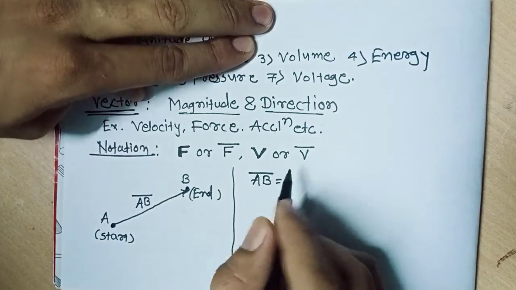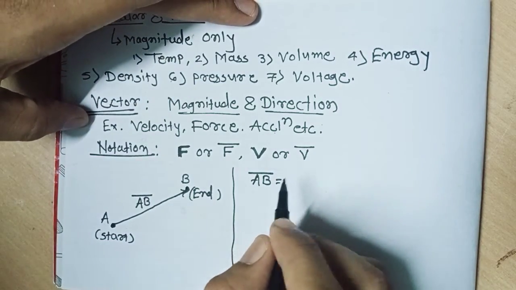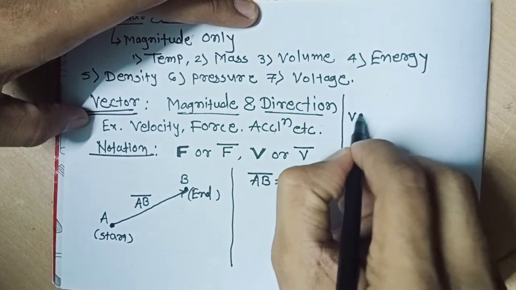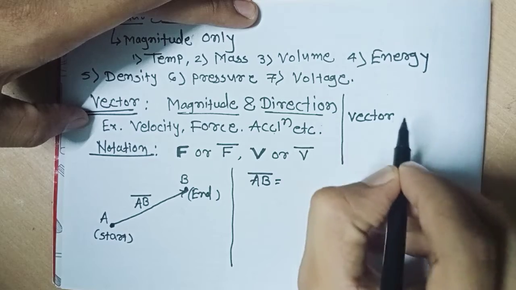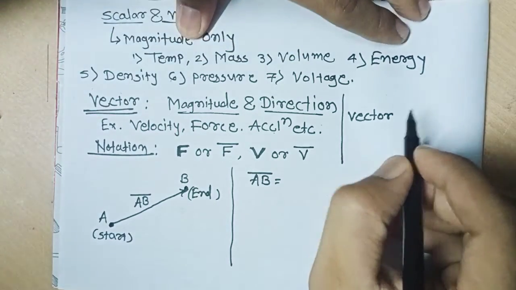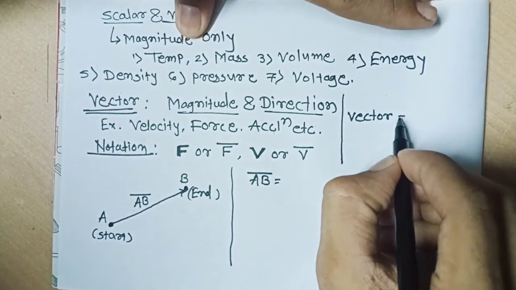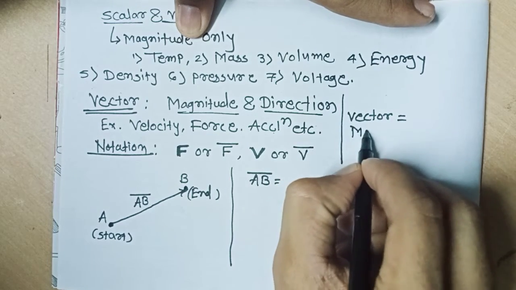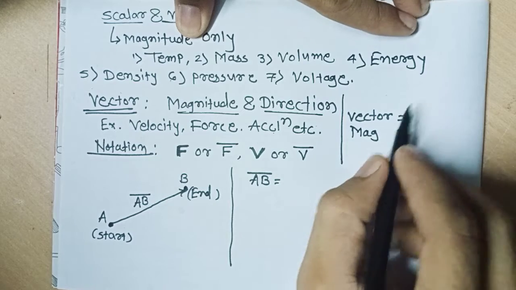To define this vector AB bar, let us understand the definition of a vector. As I said, it is represented by a magnitude and a direction. So vector is equal to magnitude into direction.